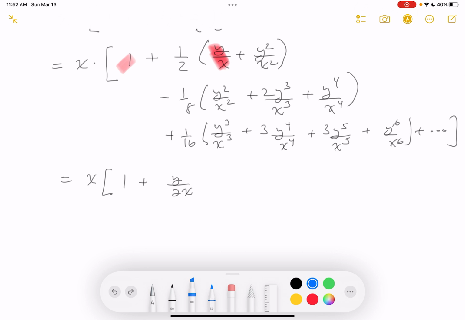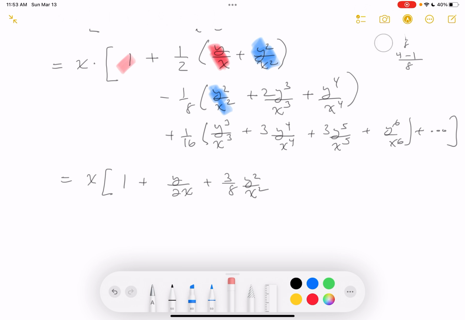I meant to do this. All right, I got to figure out the coefficient of that, right? So what would that be? It would be 1/2 minus 1/8. Common down to the 8, you would get 4 minus 1, which is 3/8. I'll write that down for you. Y squared over x squared.